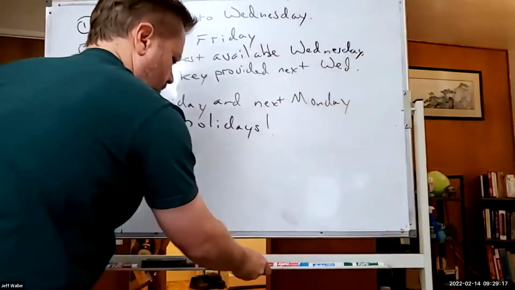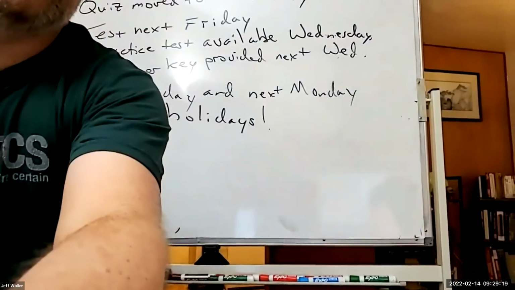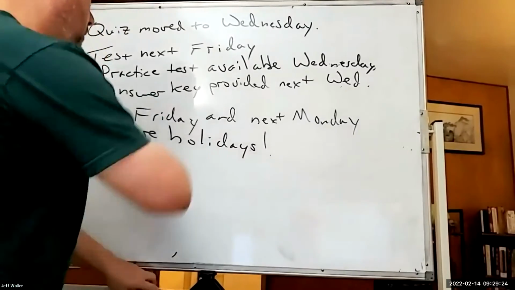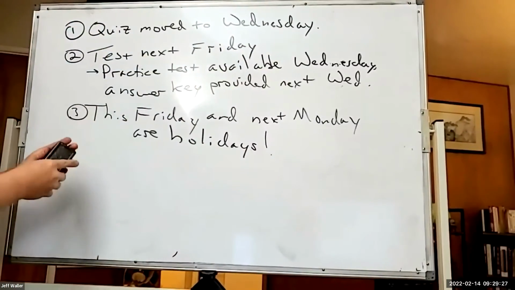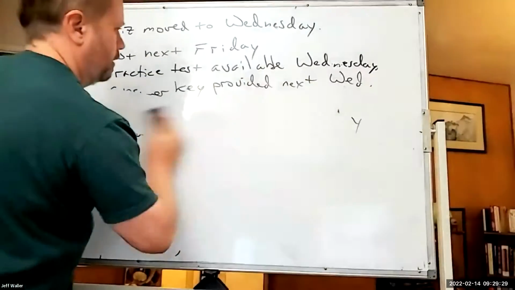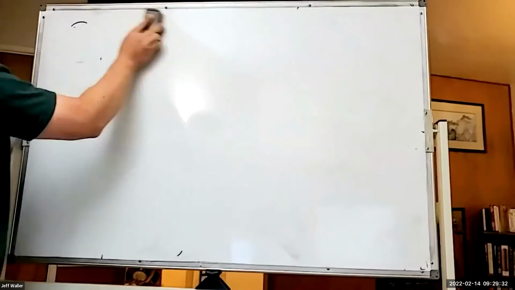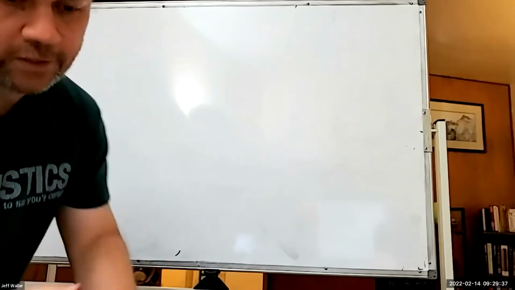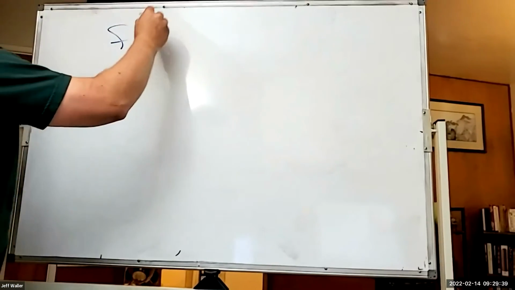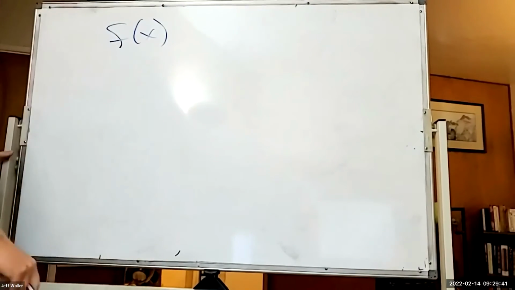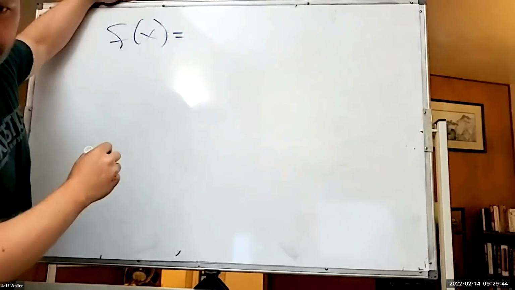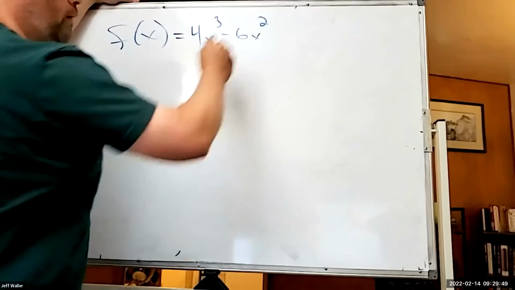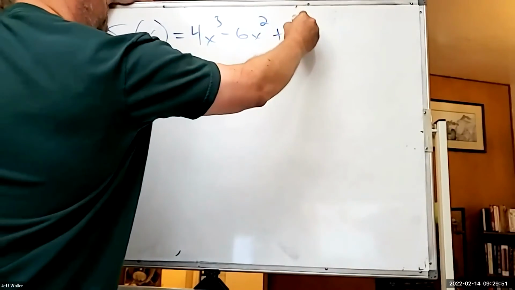Let's say I have this function here: f of x equals 4x cubed minus 6x squared plus 3x minus 2.